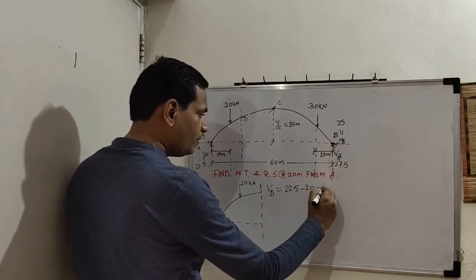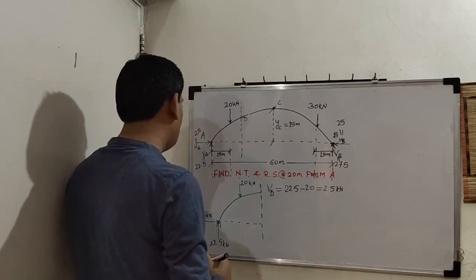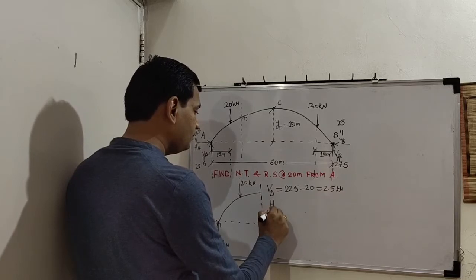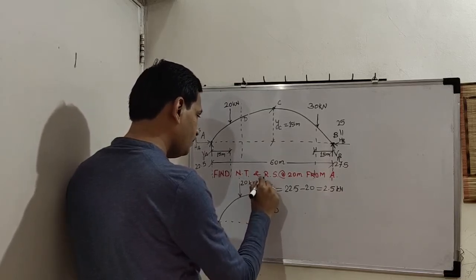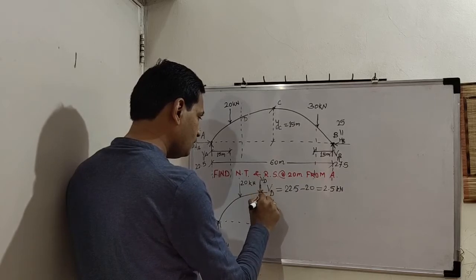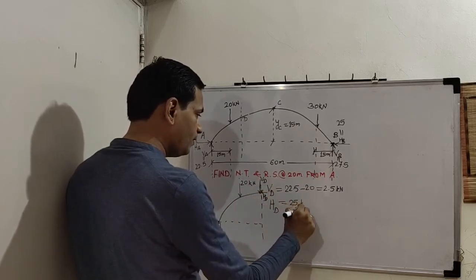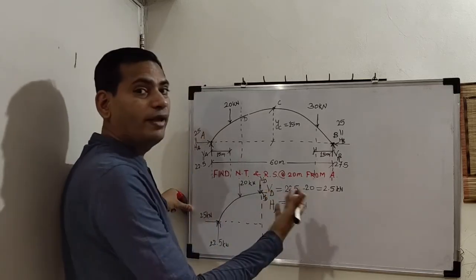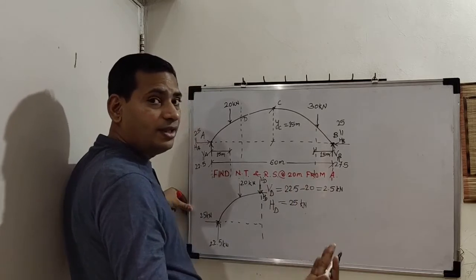So 22.5 minus 20 is 2.5 kilonewton. How much is HD? So this is VD. HD is equal to 25 kilonewton. So we need these two values.